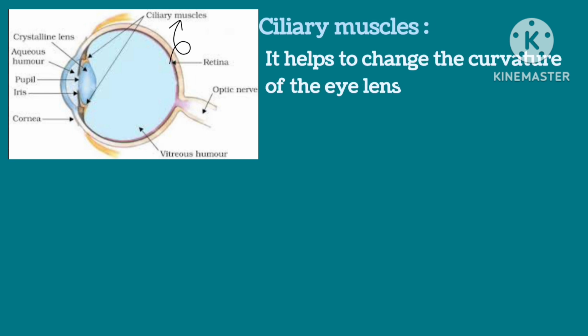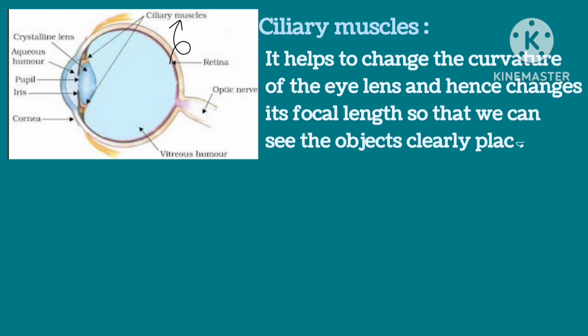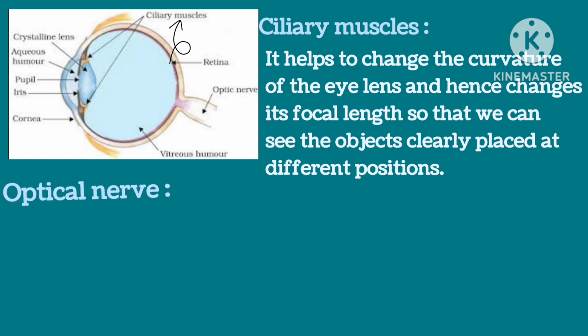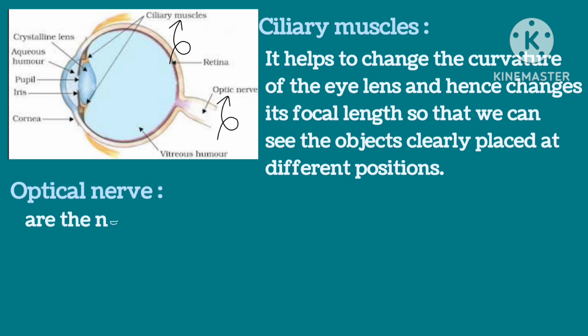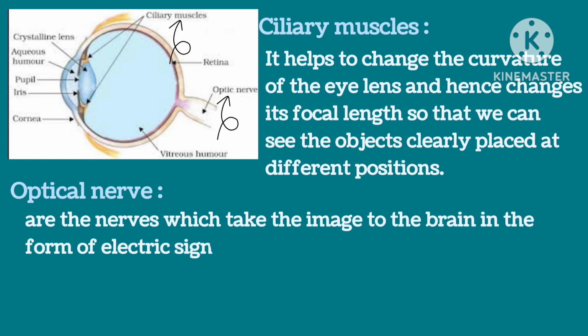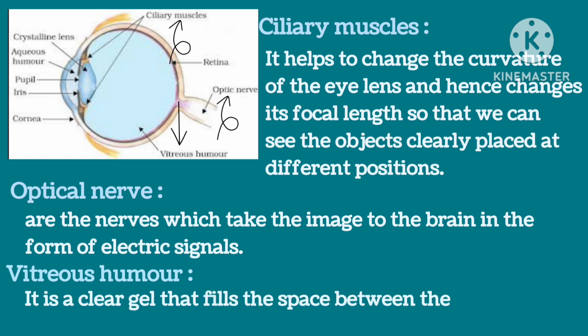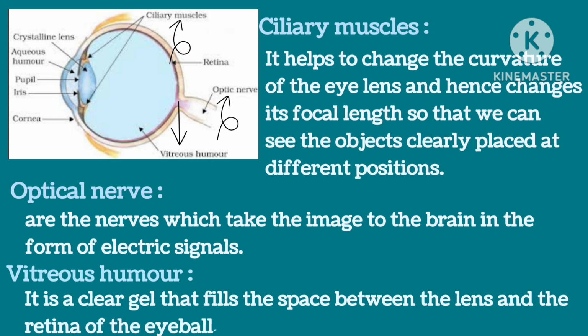It helps to change the curvature of the eye lens and hence changes its focal length so that we can see the objects clearly placed at different positions. Optic nerve. They are the nerves which take the image to the brain in the form of electric signals. Vitreous humor. It is clear gel that fills the space between the lens and the retina of the eyeball.